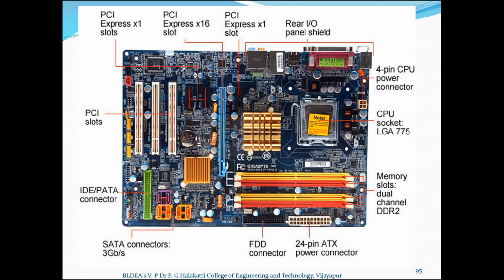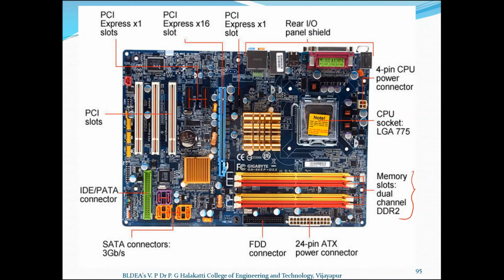Now I am trying to show you diagrammatically how the connections or the pins would look. If you see, this is a diagram wherein you can see these slots. These are the slots which we can use for connecting extra memories.